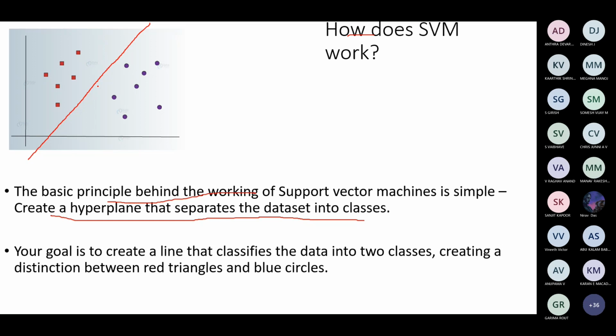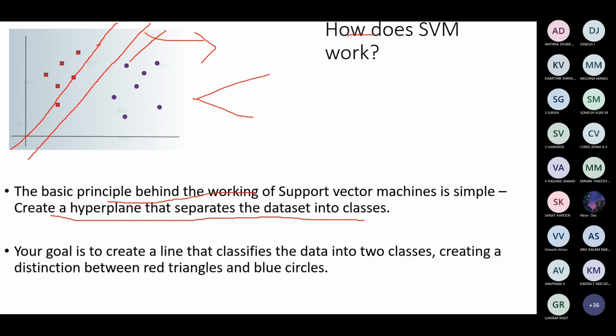So it not only creates a hyperplane that separates the two classes, which we have been doing for classification and regression, whatever it is. Apart from that, it creates two additional hyperplanes, one on each side, such that these hyperplanes pass through the nearest data points, for example something like this.